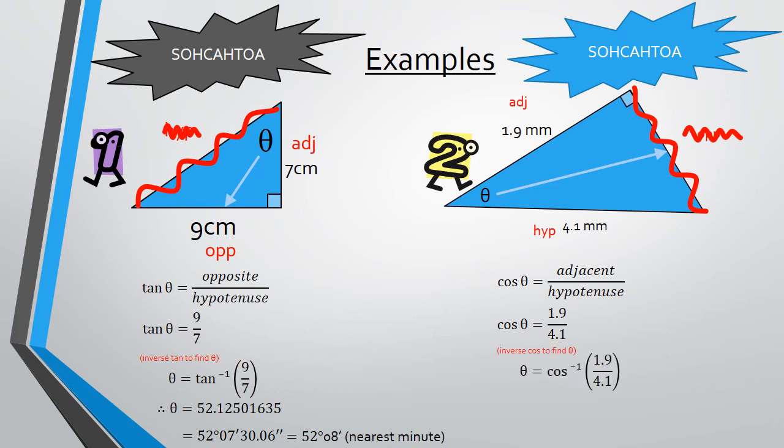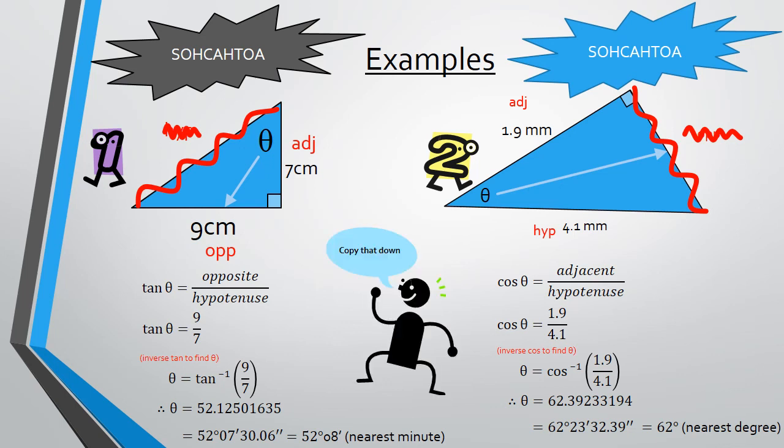Inverse cos this time, so theta equals inverse cos of 1.9 over 4.1, giving us 62.39233194, or 62 degrees, 23 minutes, 32.39 seconds. Now, this time we're going to round to the nearest degree, which is just 62 degrees because the minutes is less than 30. So we stay at 62 degrees. Take a moment to copy that down.